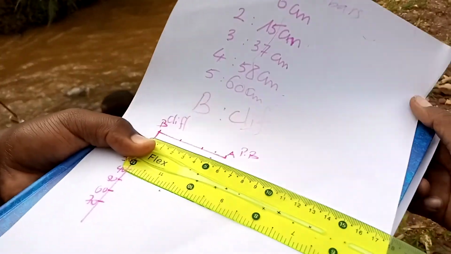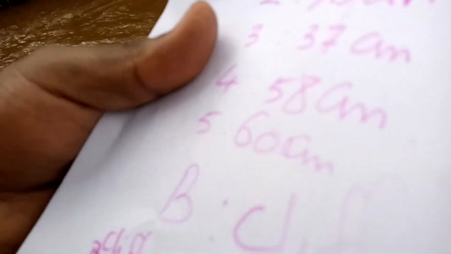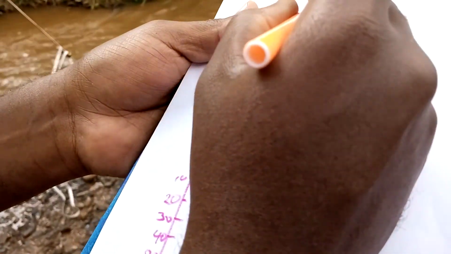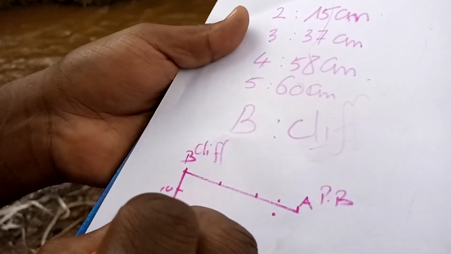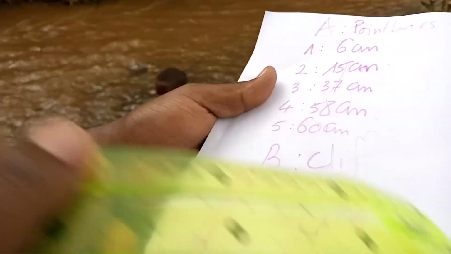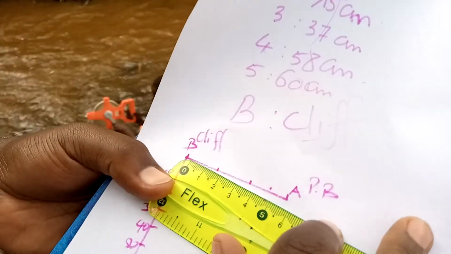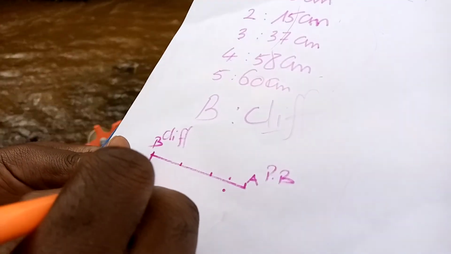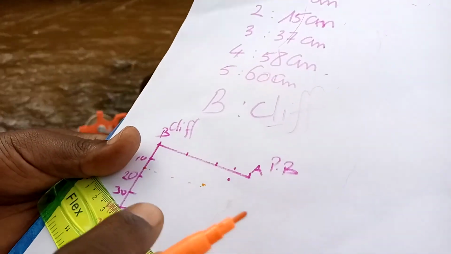Let me use another color. So next, the second is 15. The 15 is like here, and the second will be this here. The plot will be like here.